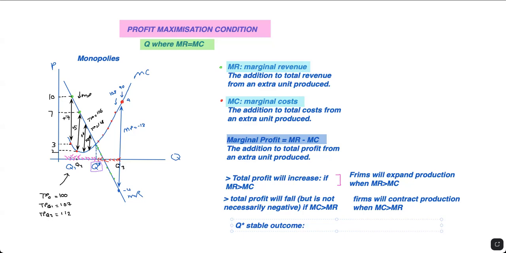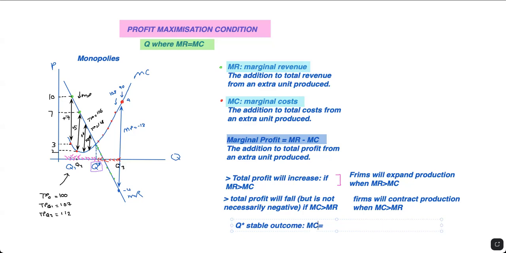they've gained all the possible addition to profits where the marginal revenue was greater than marginal costs, but they've not decreased their total profits when producing any unit where the cost was higher than the revenue for that unit.